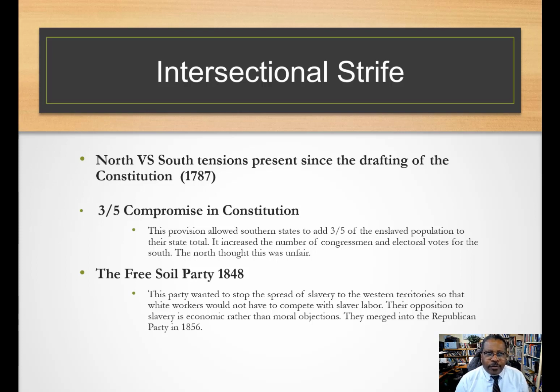This provision established our Republican form of democracy in such a way that Southern states were allowed to count 3/5 of the enslaved population and add that total to the total white population of the state. And this in turn would give them more congressmen. More congressmen means they have more electoral votes, because electoral votes are the number of congressmen plus the number of senators, which means they have more power and influence in electing presidents.